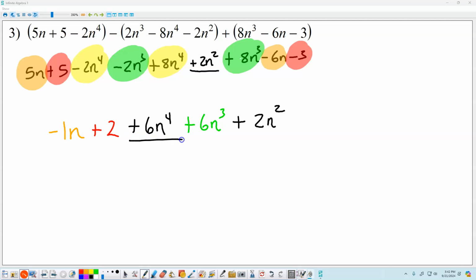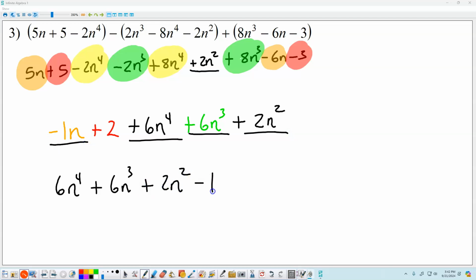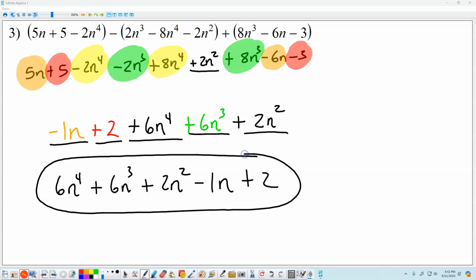We start with the term that has the highest power first, and then we work our way down. The next power would be the third power. The next power would be the second power, followed by the first power, and then the number that's a constant always comes last. And so there would be our final answer for that.